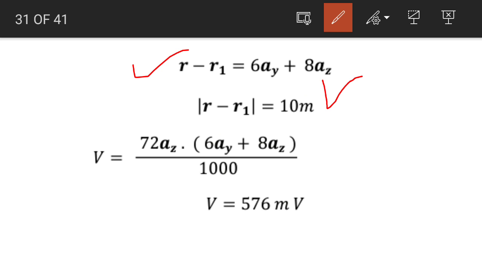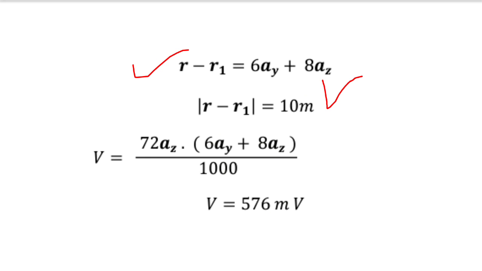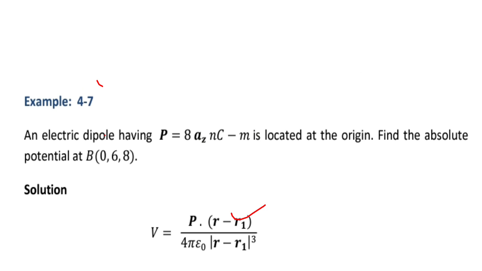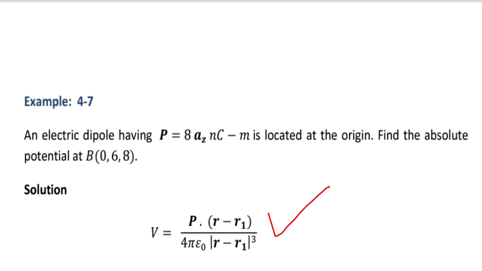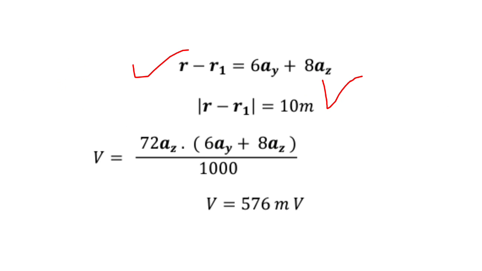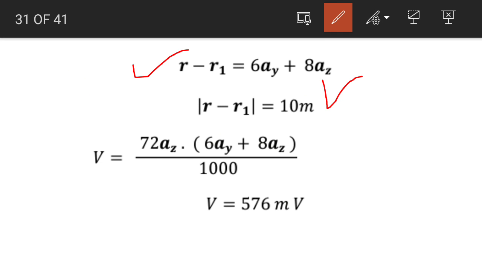So we put the values in this particular equation. Let me show the equation once again. If we put the values in this particular equation, we get the potential at the given point, and the potential at the given point will be equal to 72 Az dot 6Ay plus 8Az divided by 1000.